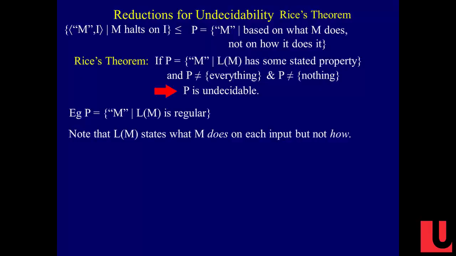Okay. So we say P is decidable if there exists a Turing machine that, for all inputs, does on that input what the problem wants it to do, and it halts. It's always halting.